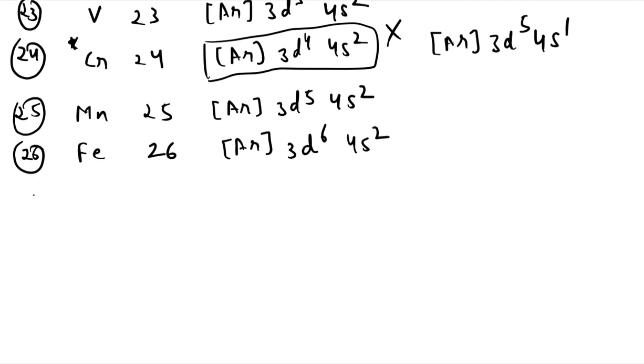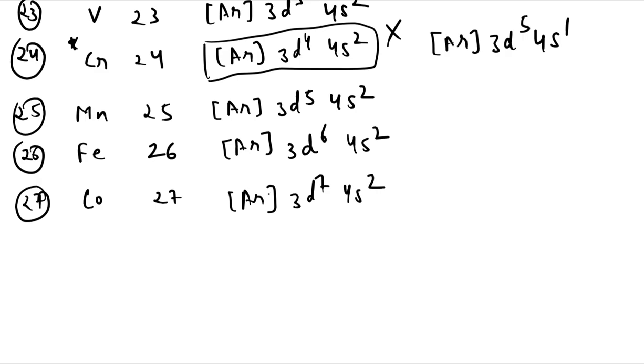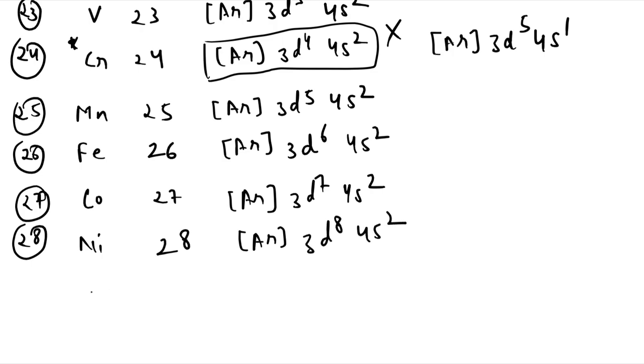Then after iron we have cobalt with atomic number 27. So the configuration would be argon 3d7 4s2. Then after cobalt we have nickel with atomic number 28, and the representation for nickel is 3d8 4s2.